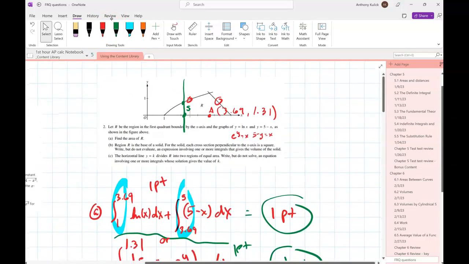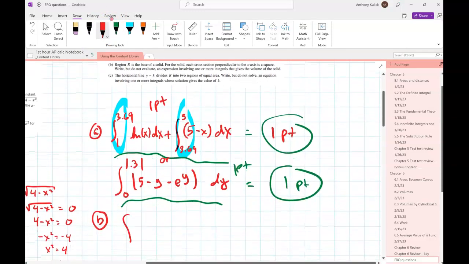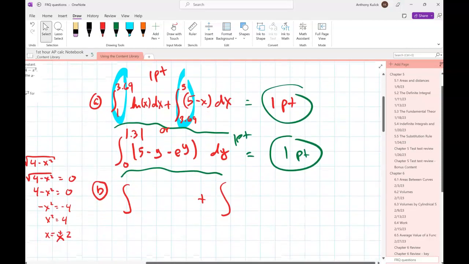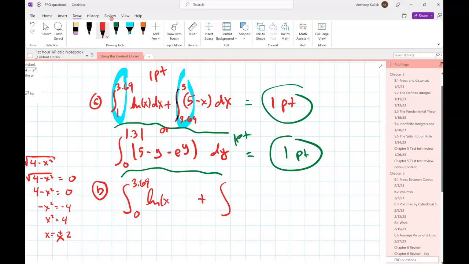So when I set up my integral then, I'm going to use two integrals because the side length is going to change after you hit the intersection of the two functions. Everybody's good with that? So it'll start as 0 to 3.69, and then it was natural log x dx, and then 3.69 to 5, and the other function is 5 minus x dx.